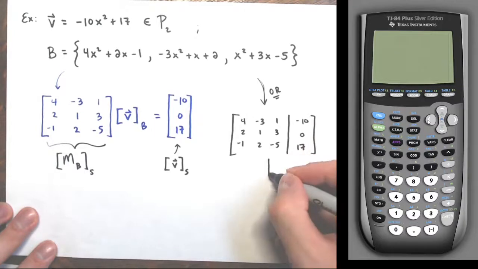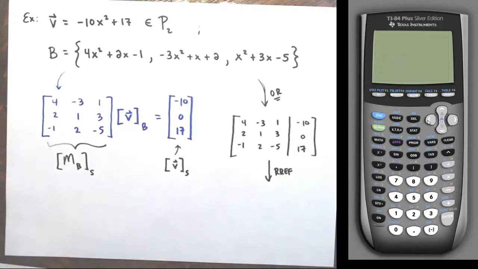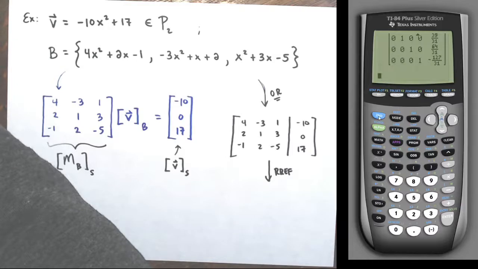All right, I'm going to put this in the calculator, put this into reduced row echelon form. So, turn this on. That augmented matrix is a 3x4.